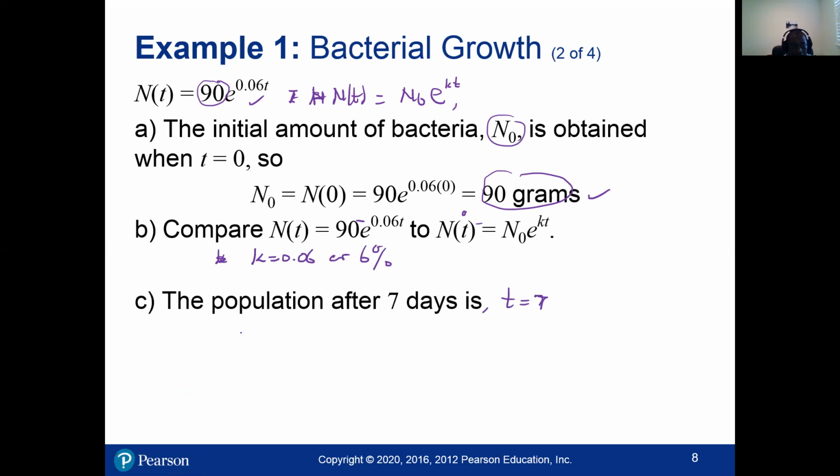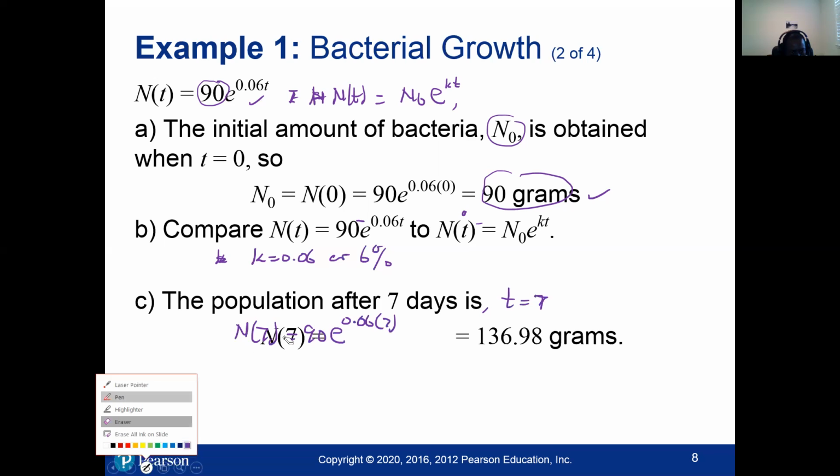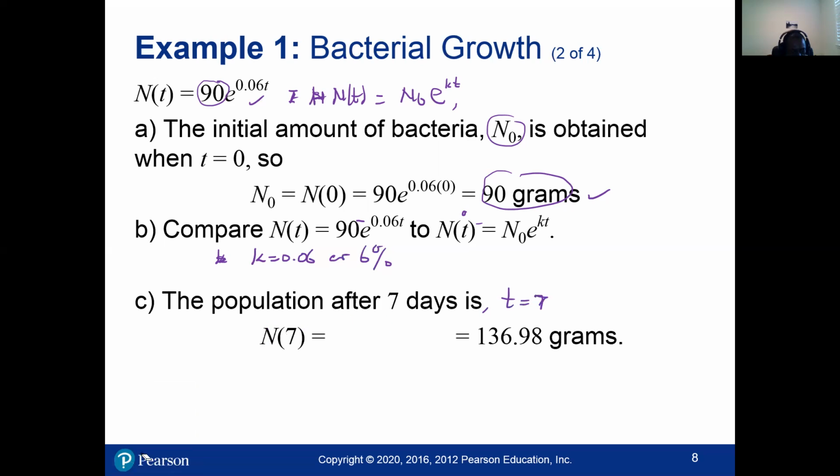We want to substitute that into the function, so we evaluate the function at 7, which is 90 e raised to 0.06 times 7. If you evaluate this, you get 136.966 grams. So that's part C.